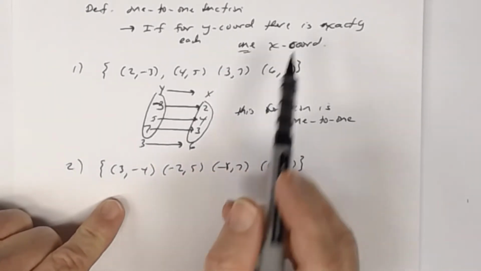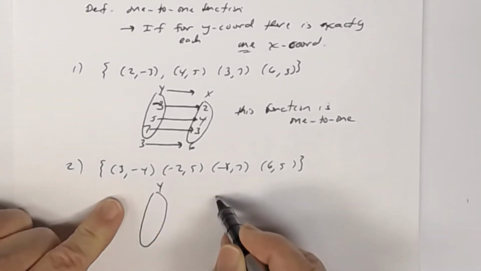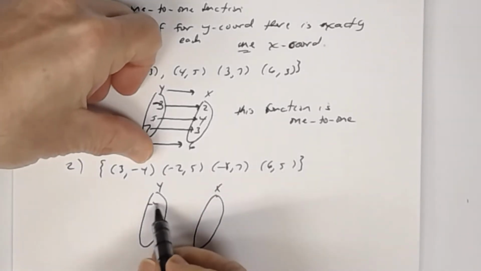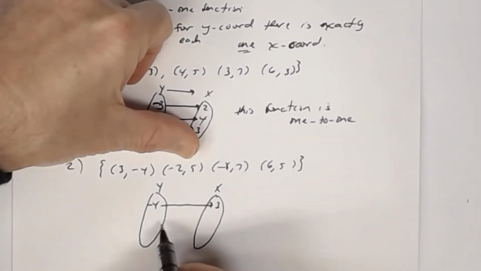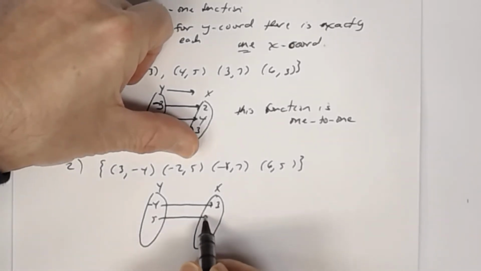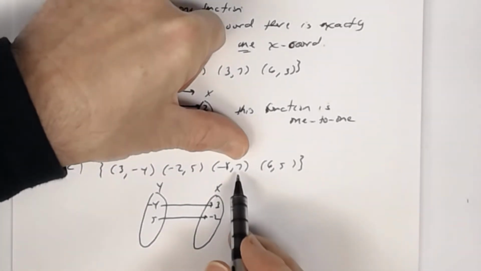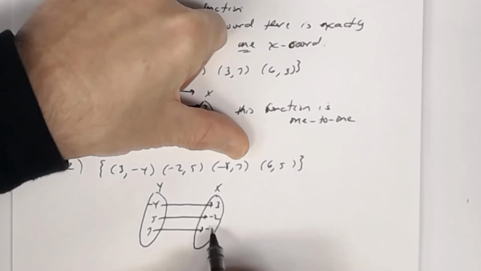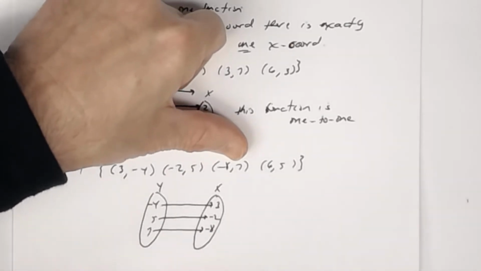For each y, there's exactly one x. So when y is -4, my x value is 3. We're good so far. When y is 5, my x value is -2, right? So we're good so far. When y is 7, my x value is -8. We're good so far.